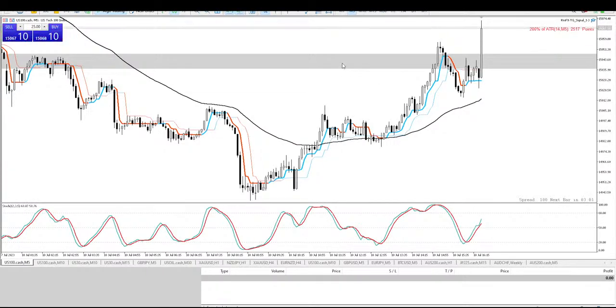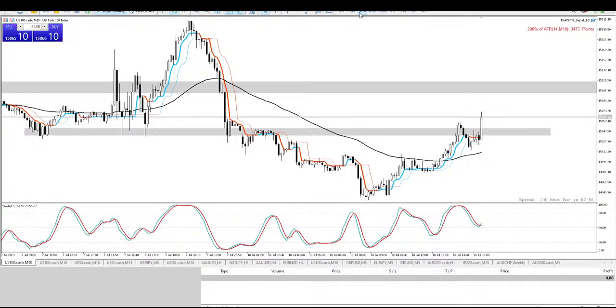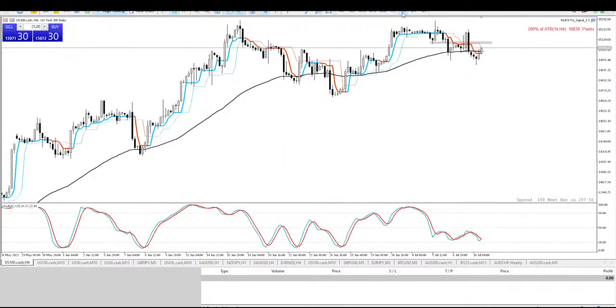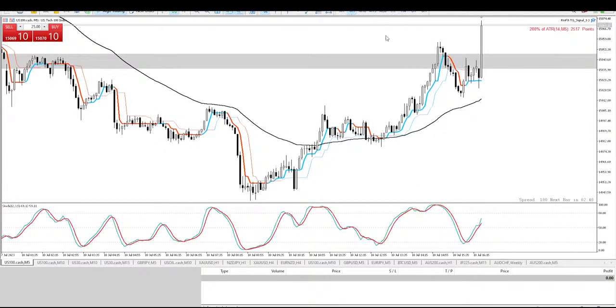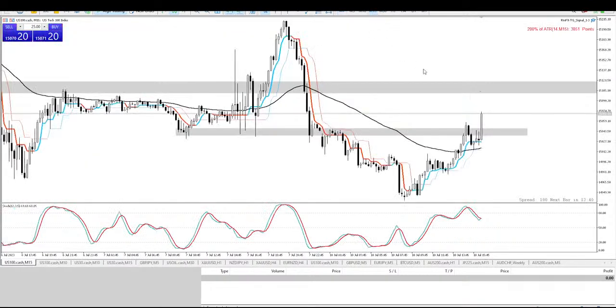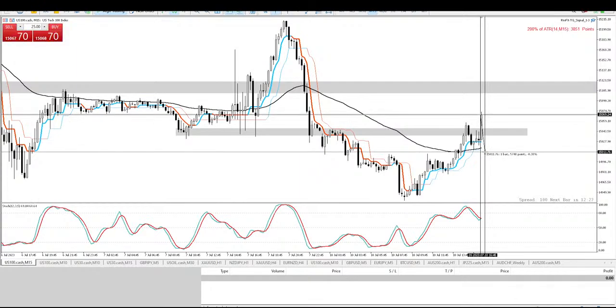Just gonna wait for NAS to close this 5-minute candle. Just waiting for confirmation before an entry here.